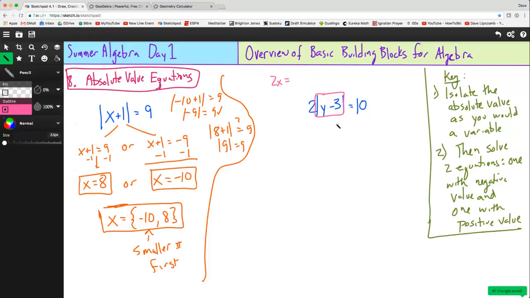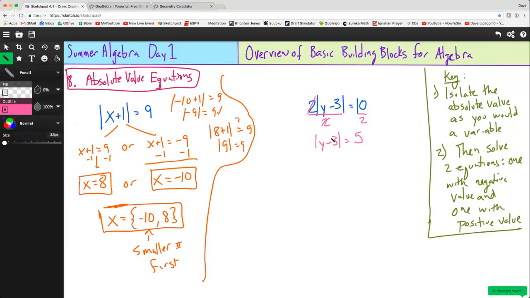Similarly, on this guy, we're going to treat this like it's parenthesized, like it's its own variable, and we're going to divide both sides by 2. And so then you cancel your 2's, and you get the absolute value of y minus 3 equals 5.